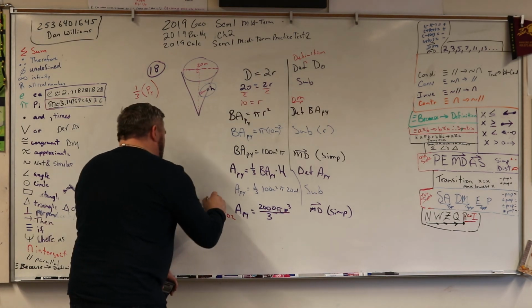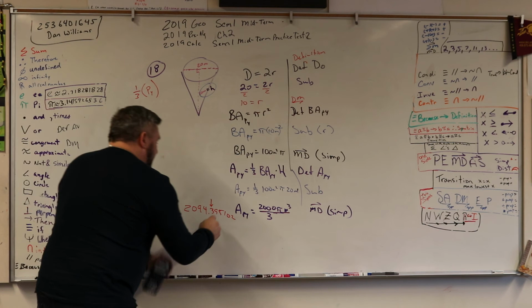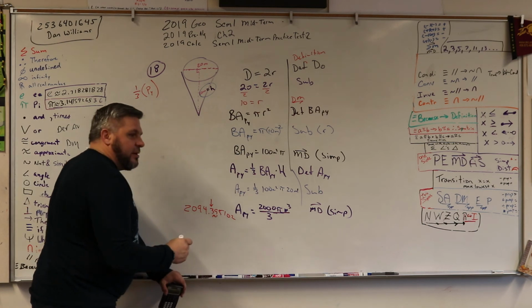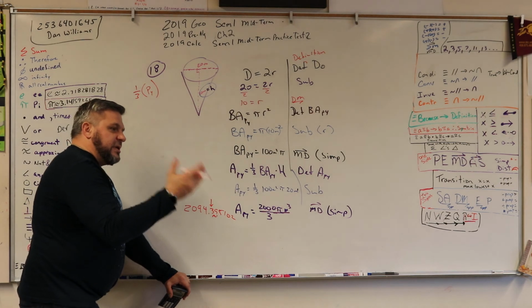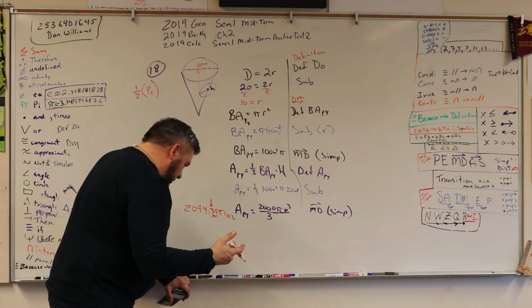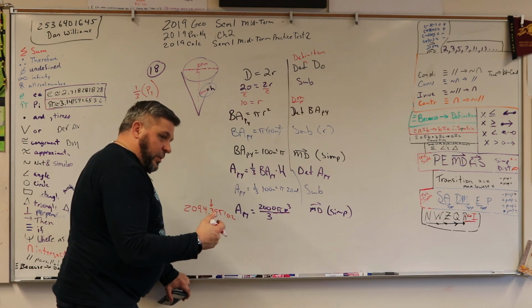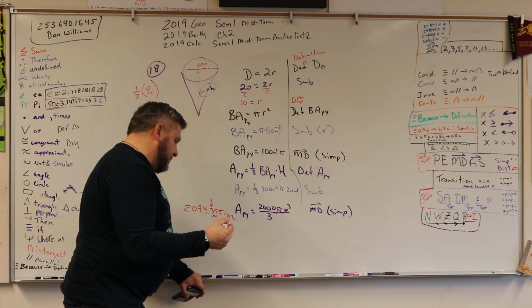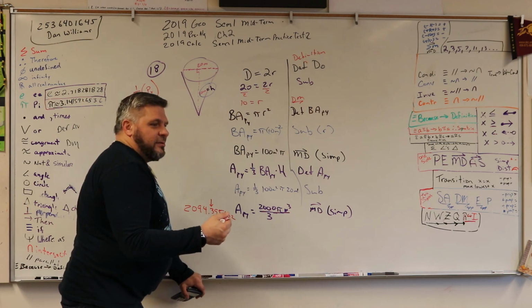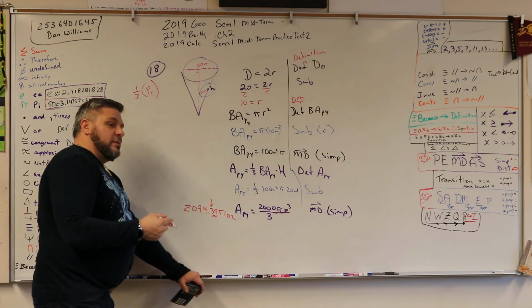And I get 2094.3955102. And we're going to round it off here. So what does the 9 do to the 3? Do you remember? A 4 would make the 3 stay the same. A 9 makes the 3 go up one.